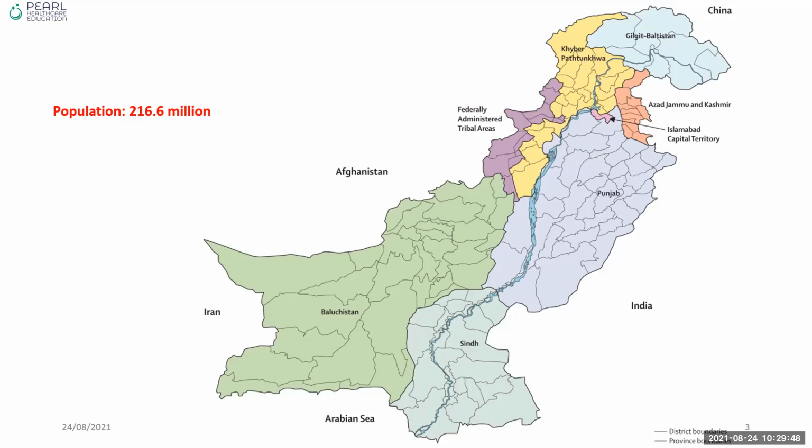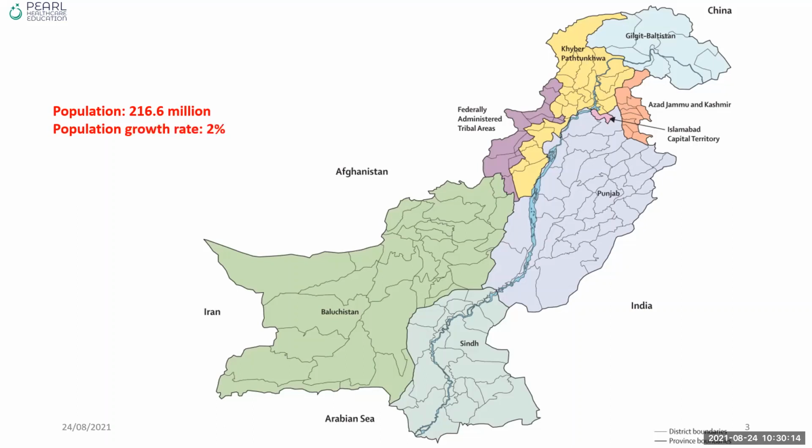We also have the Azad and Jammu Kashmir area, the federally administered tribal areas, and the Islamabad capital territory. These are the divisions under which the healthcare system, or any system in the country, works. There is slight variation depending on where you are, and therefore it is important to understand the structure of the country.